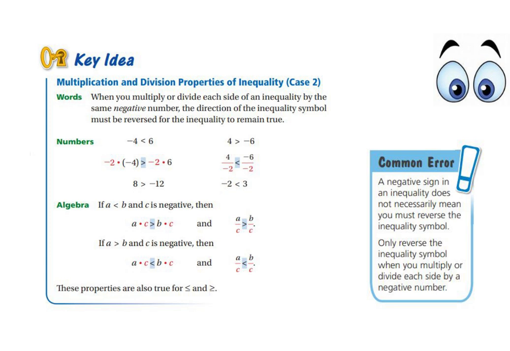So we're looking right here. If we just multiply or divide by a negative, in other words, this negative sign goes over to the opposite side, so now we have positive 4 and negative 6, the inequality sign must be flipped.